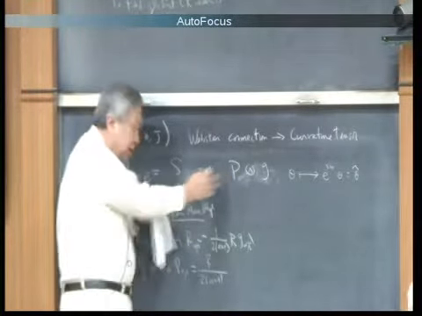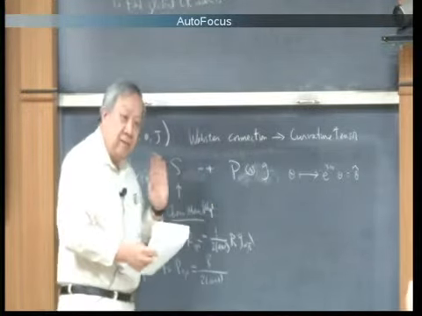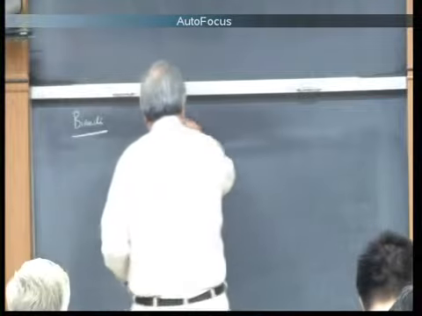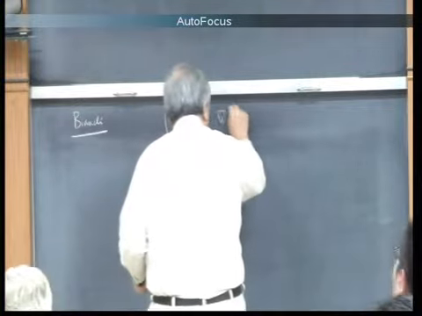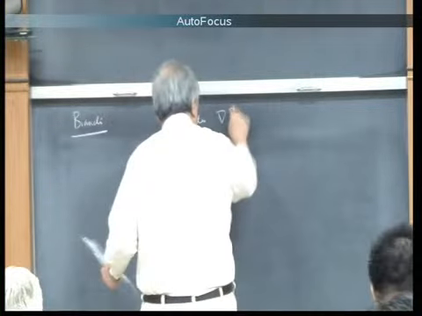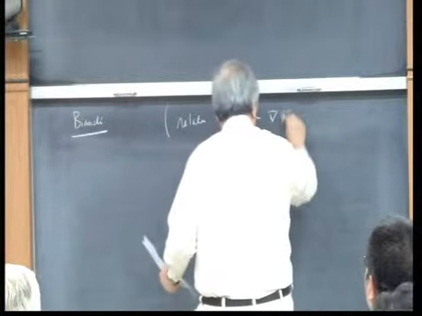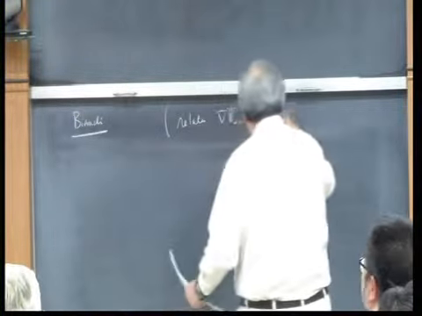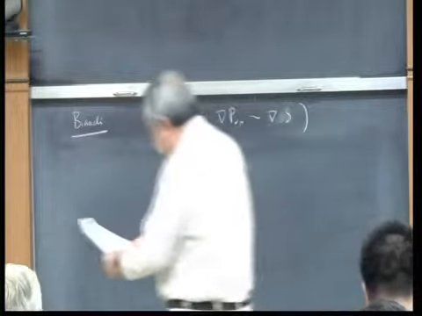So the Bianchi identity relates the derivative of the Ricci part, what I call P, to the derivative of the Weyl part, what I call S. This is an important relation.